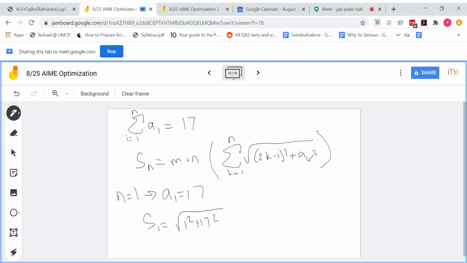Now what happens if n equals 2? If n equals 2, we have a1 plus a2 equals 17, and what we're trying to minimize is the square root of 1 squared plus a1 squared plus the square root of 3 squared plus a2 squared.